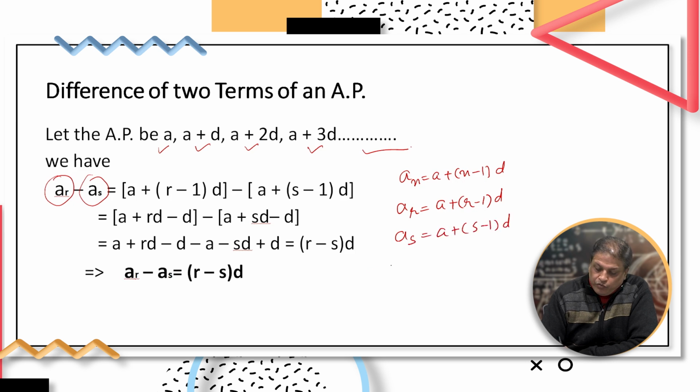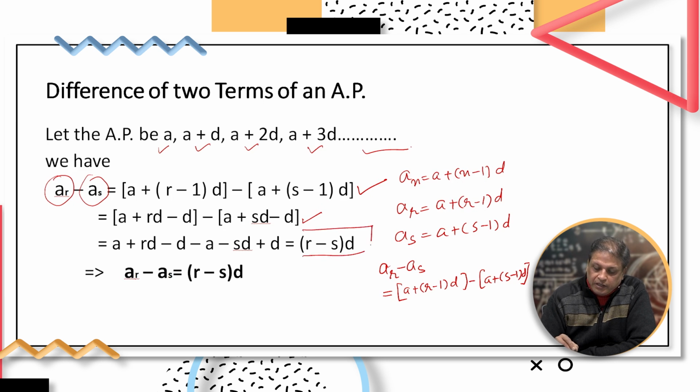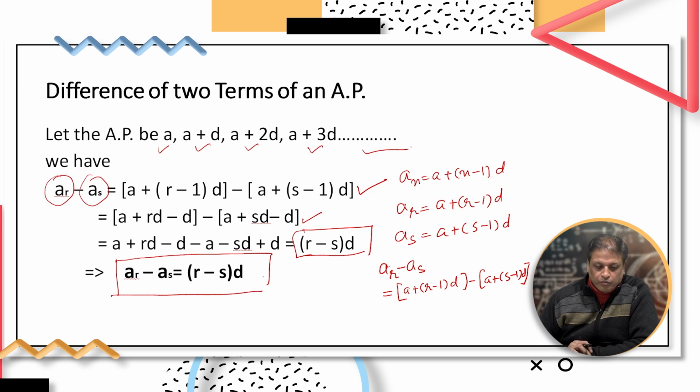Now subtracting a s from a r, you will get the expression a plus r minus 1 into d minus a plus s minus 1 into d, which is this expression. Solving it by opening the parentheses and simplifying, you will arrive at the final solution: r minus s into d. So this is the general formula, that is a r minus a s is equal to r minus s into d.